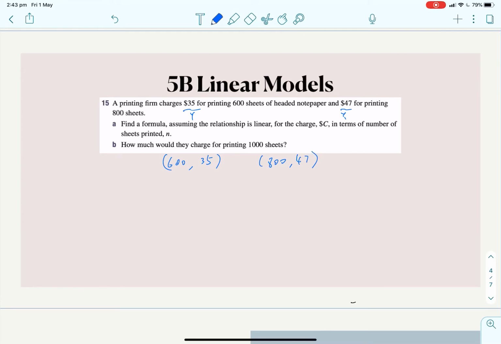So that's a Y, the other one must be X. The first set is X1 Y1, the second one is X2 Y2.